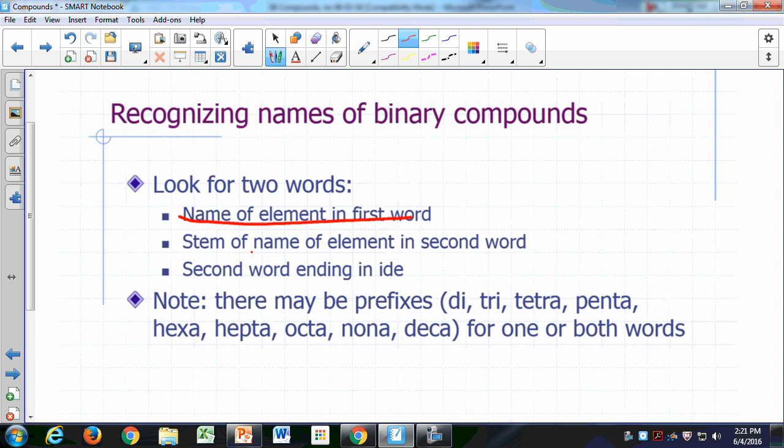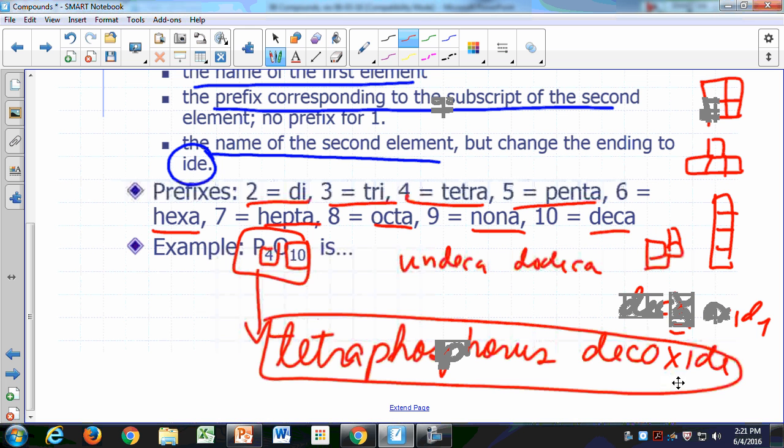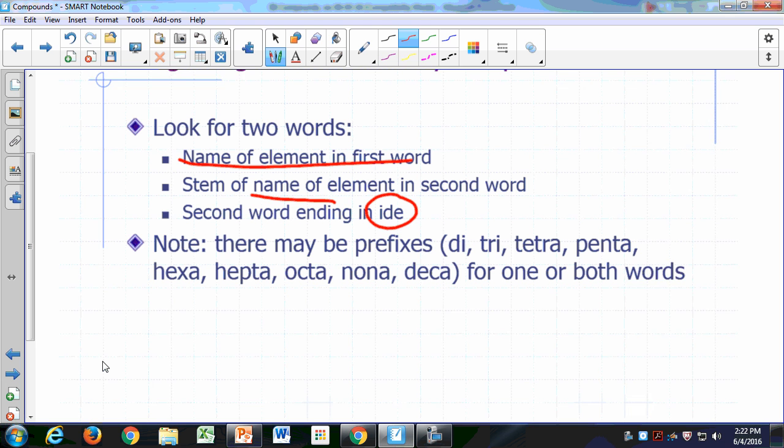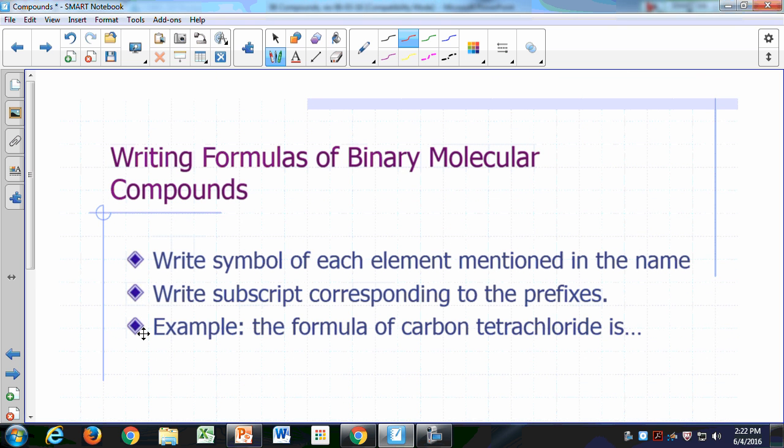You're just going to see the stem of the name, and then that ending should be ide. If you remember back here, we said it's decoxide. Instead of oxygen, we wrote oxide. And like I said, there may be prefixes, so that would tell you what the subscripts are for one or both elements.